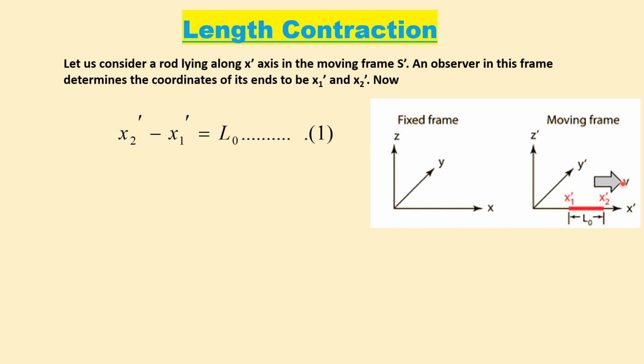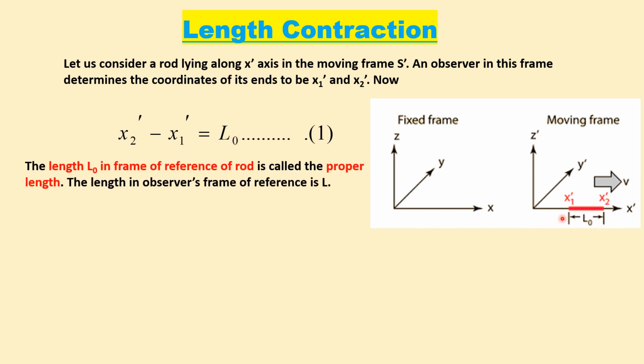L naught is known as its proper length also. So it will be x2 prime minus x1 prime. So L naught is the proper length.